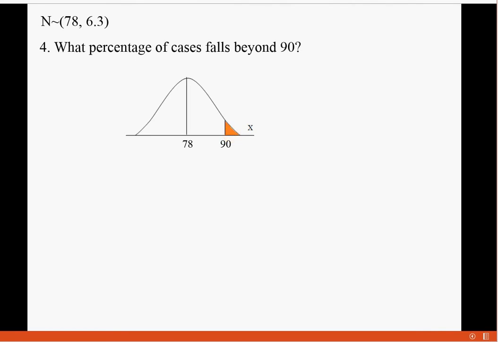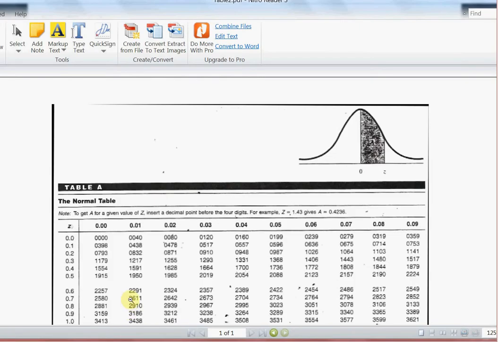So to find out the size of this corner, we need to first convert the 90 into a z-score, which we just did in the last question. Formula followed by the calculation, we obtain a z-score 1.9, and again we go to a normal table.